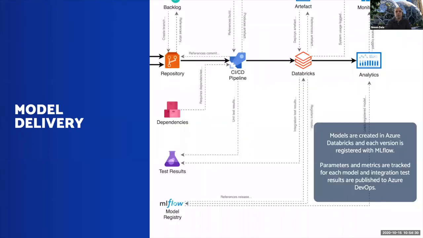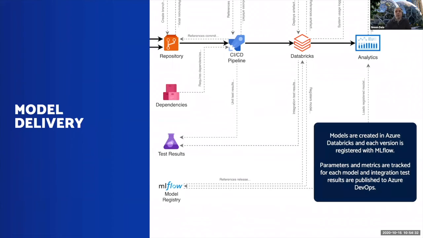As the model executes in that pipeline and it's trained, we have a number of different metrics that we want to record. So everything around reproducibility, so understanding the versions of data that have been used for different data sources, so that we can go back and create this exact same model again if we ever needed to. We also track the metrics that come out.